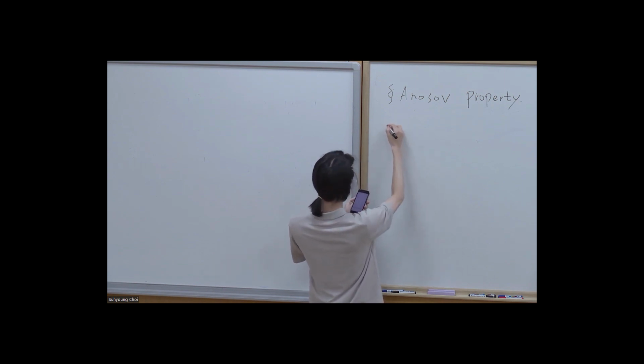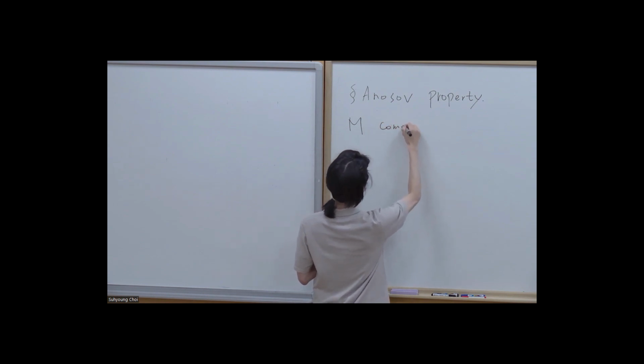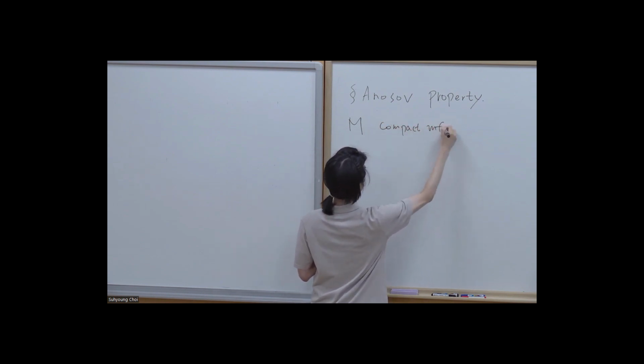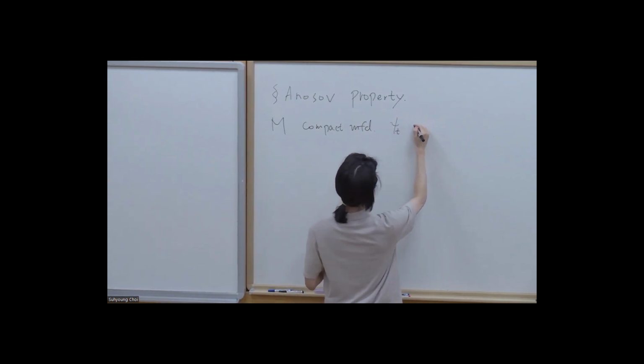So very generally, let's say M is a compact manifold, and it's equipped with some C1 flow.